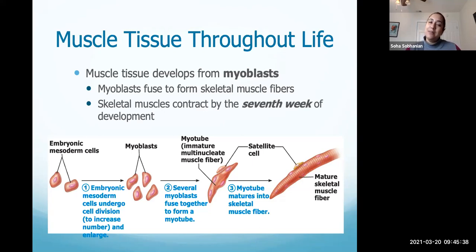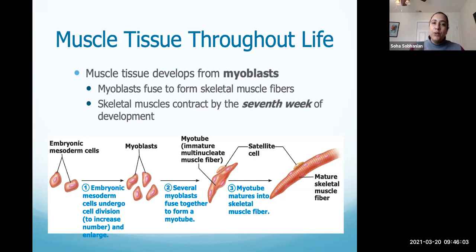Eventually, some of these mesoderm cells decide to differentiate into myoblasts. Look at the word: myo means muscle, blast means immature, very similar to what we learned about the osteoblast. So now these cells are going to be muscle cells, but they are immature.